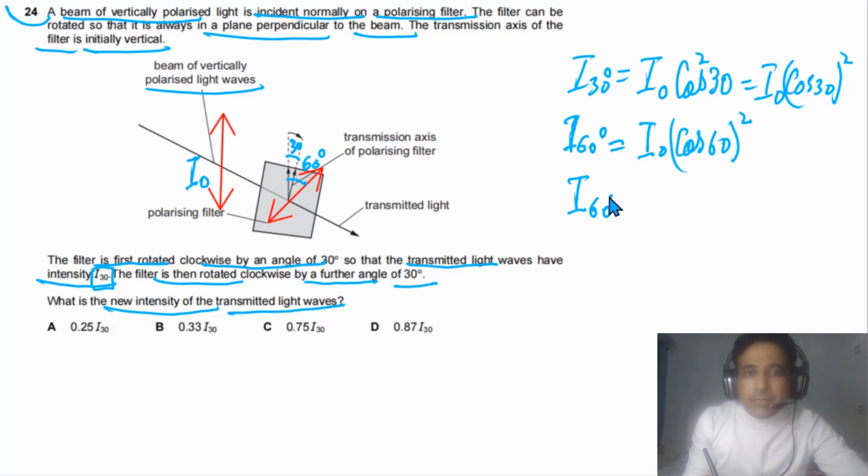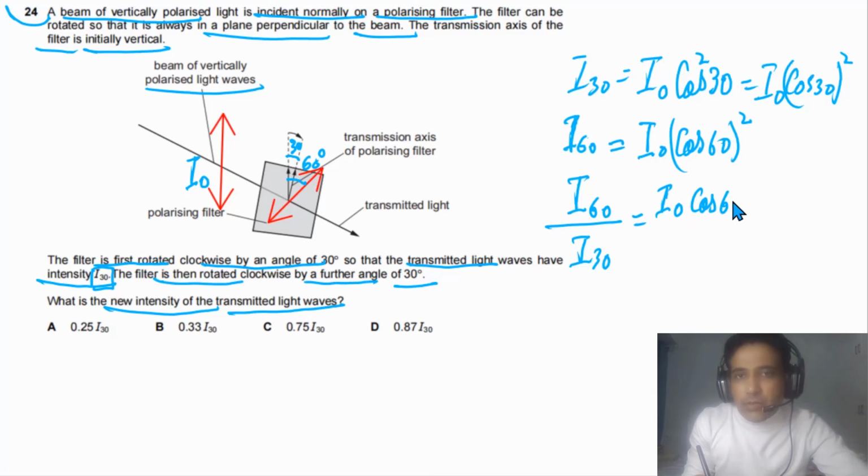So I60 divided by I30: we have I naught cosine of 60 squared divided by I naught cosine of 30 degrees squared.